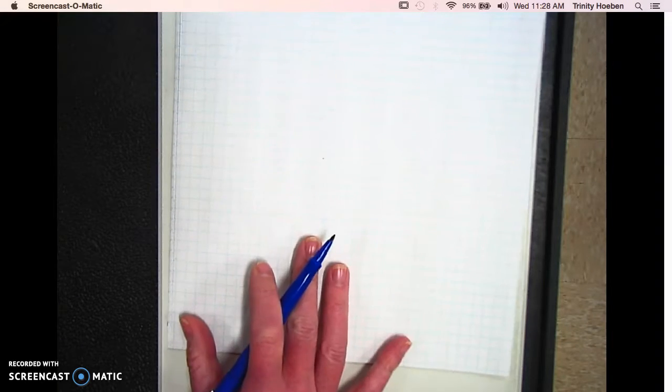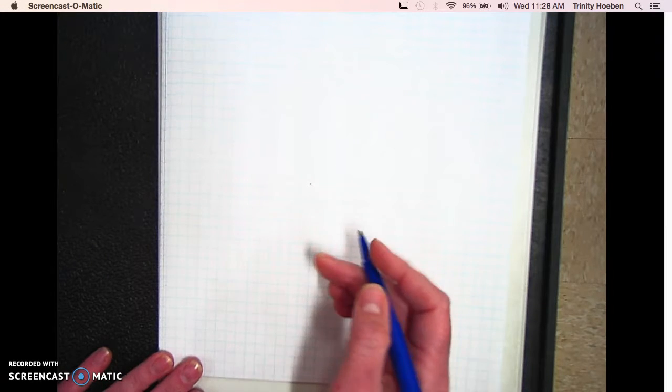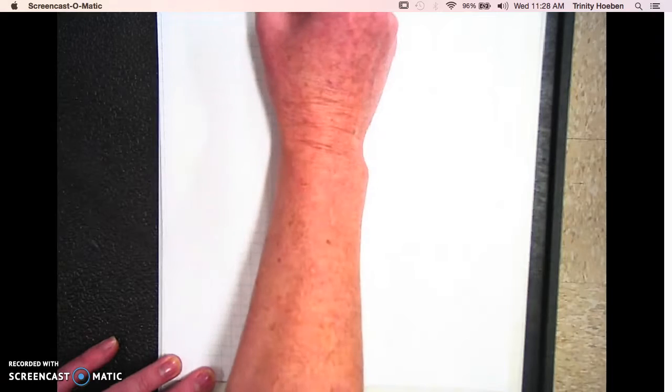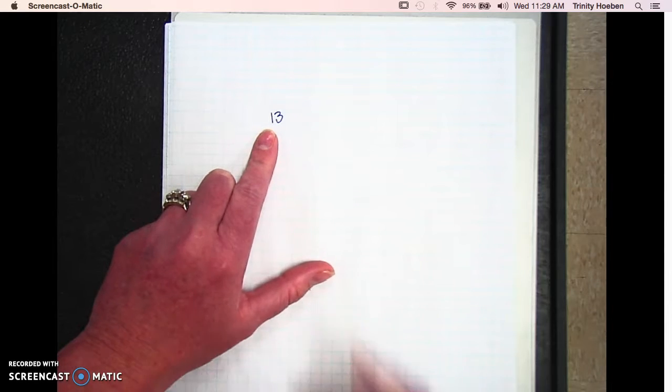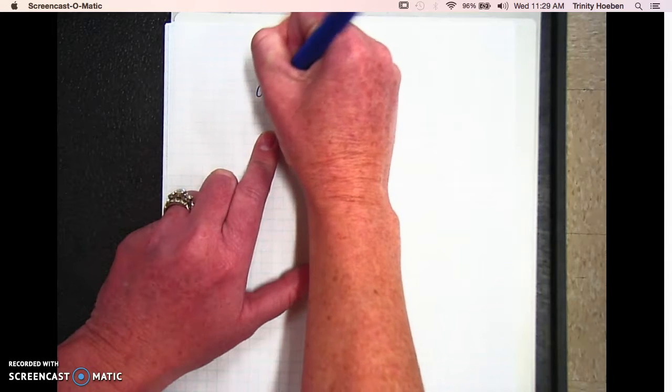All right, so using the elevation map, we're going to say that for 13 miles of the race, you're going to be going downhill, depression, right?